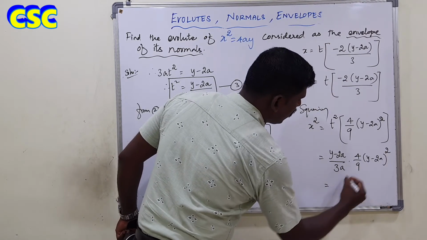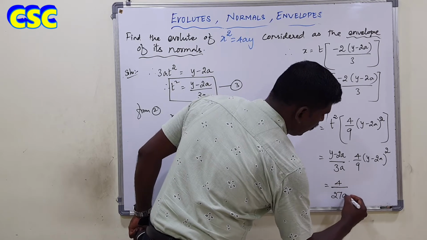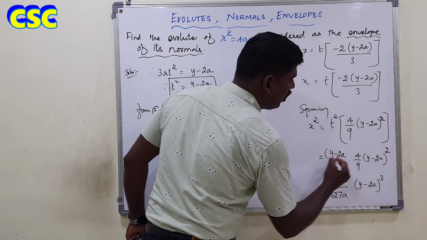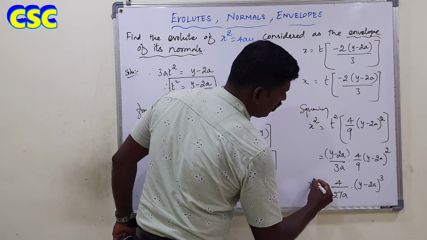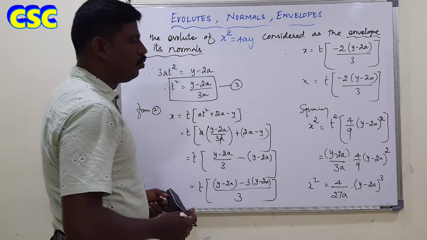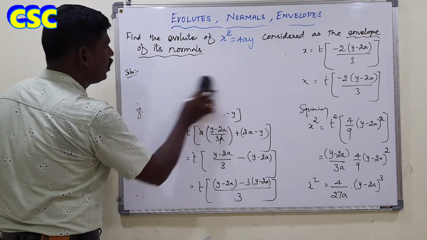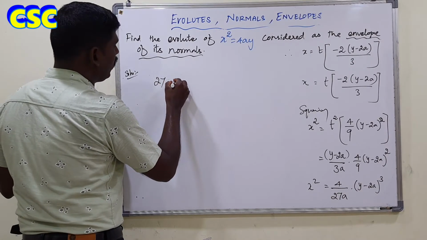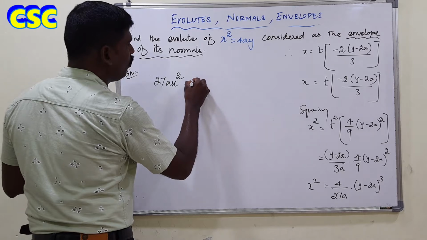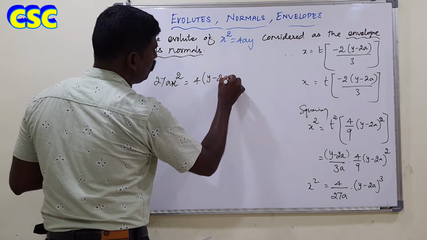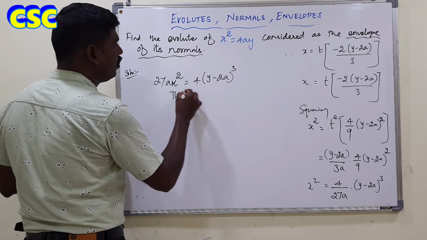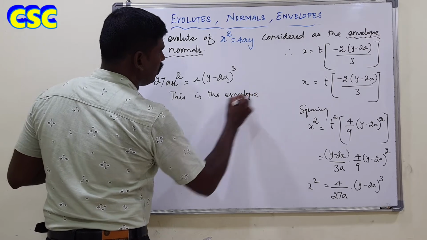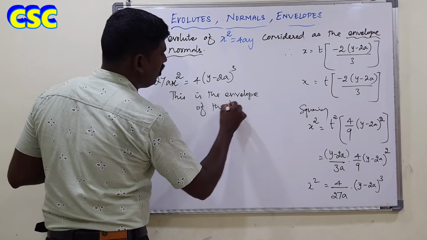So what will you get? 4 by 27a into y minus 2a the whole cube. So x square is equal to 4 into y minus 2a the whole cube by 27a. Taking the 27a into the left hand side, 27a x square is equal to 4 times y minus 2a the whole cube. So this is the envelope of the family of normals.